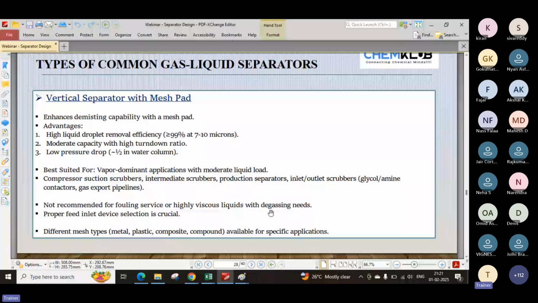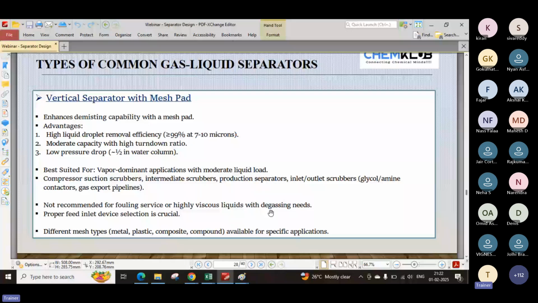This is used when you have a higher separation efficiency requirement and a low pressure drop, though the pressure drop is more compared to having no mist eliminator in the system. It is used when the system is more vapor dominant, meaning there are very high volumes of vapor, and because of the high volumetric flow rates the carryover may be higher, or the flow velocity of the vapors is very high.